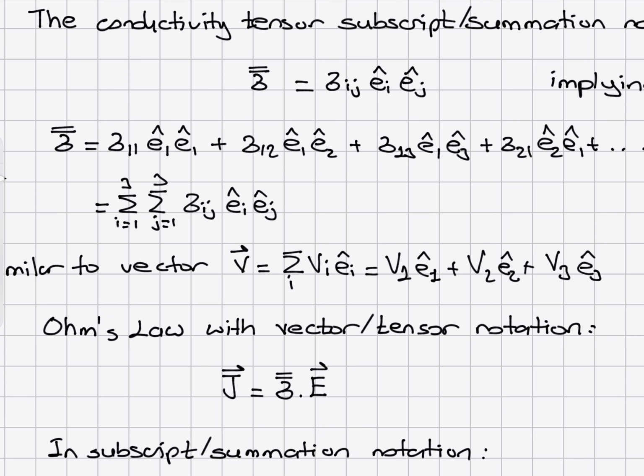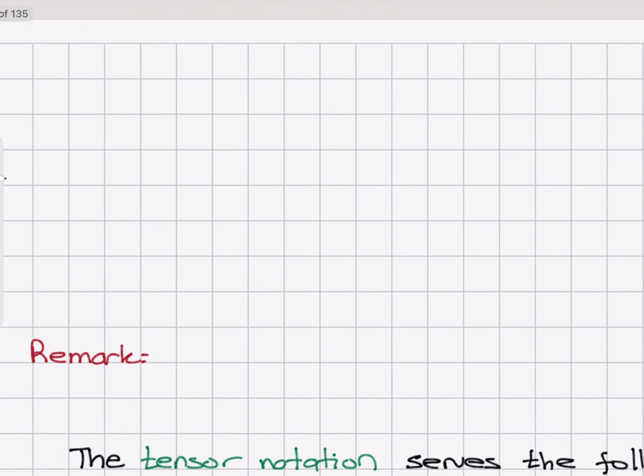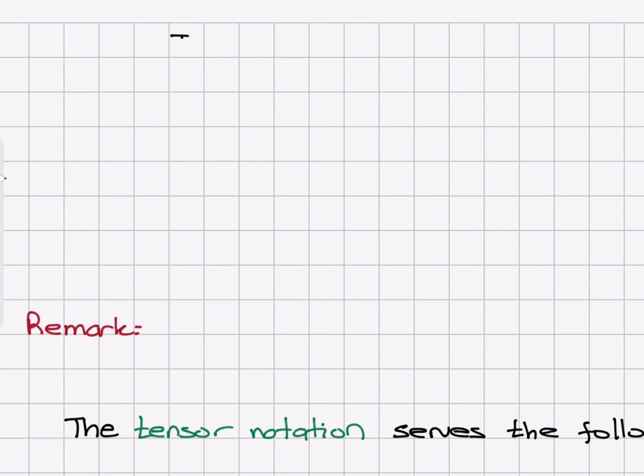Okay, so in subscript summation notation, what would this equation look like? I have vector J, whose ith component is multiplied by ei hat. And remember, this repeated index implies summation. So it's J1 e1 hat plus J2 e2 hat plus J3 e3 hat. This is equal to the tensor sigma ij ei hat ej hat dot product with the electric field, which is Ek ek hat. It's a vector.